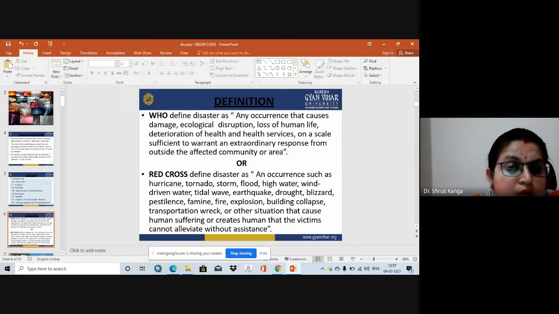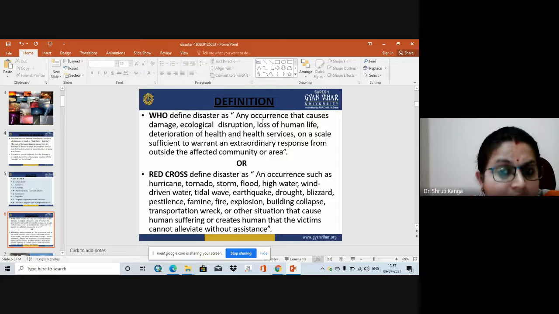According to the WHO, the World Health Organization, disaster is any occurrence that causes damage, ecological disruption, loss of human life, deterioration of health and health services on a scale sufficient to warrant an extraordinary response from outside the affected community areas.